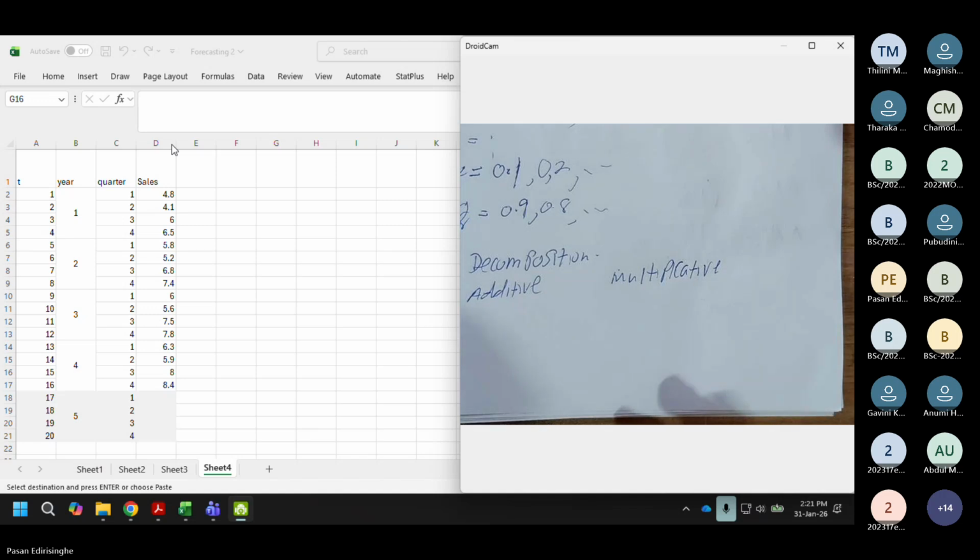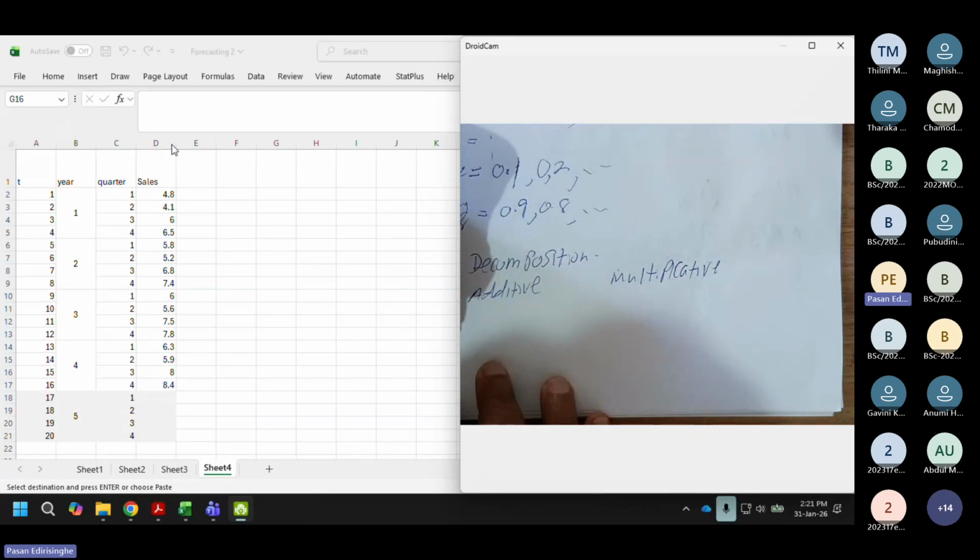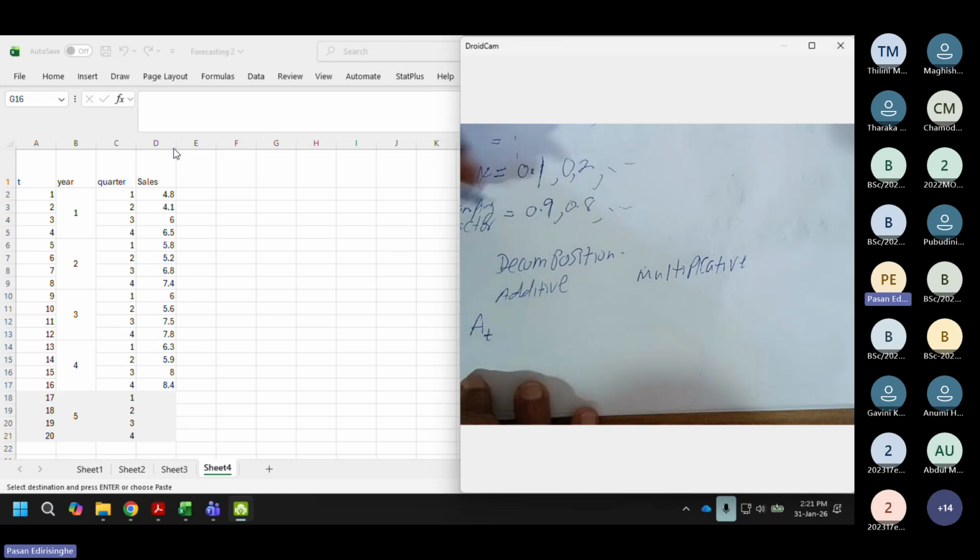Now the idea of decomposition is that if you take any observation, so we have the observations we define as the actual values, and I can take any observation, A_t, right?